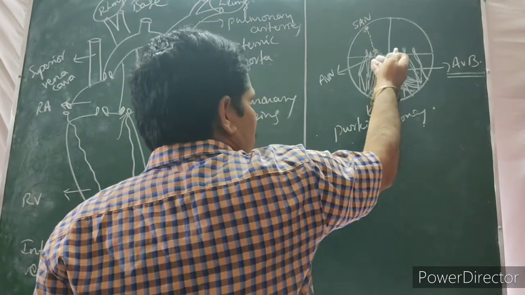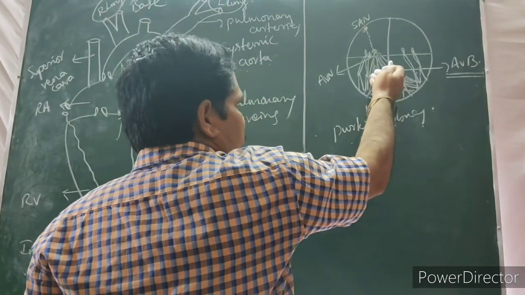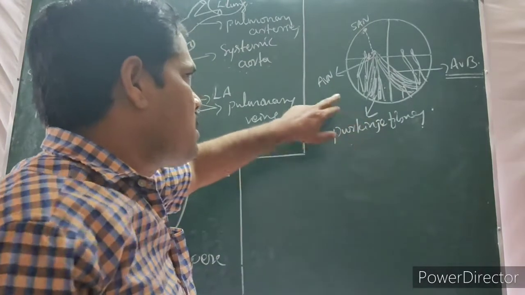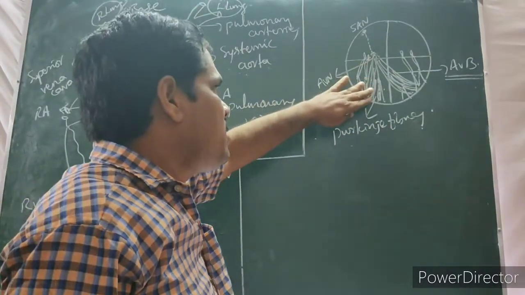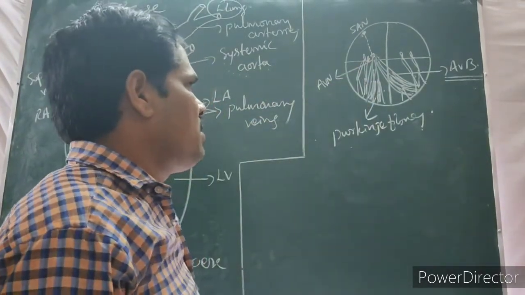That's why blood is allowed from both the atria into the ventricles.